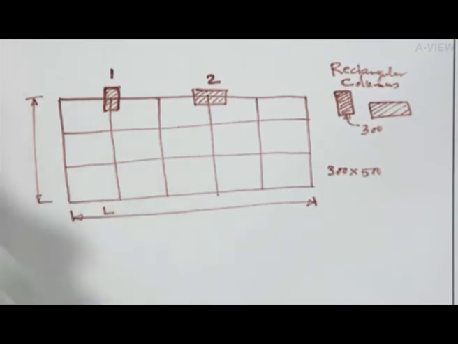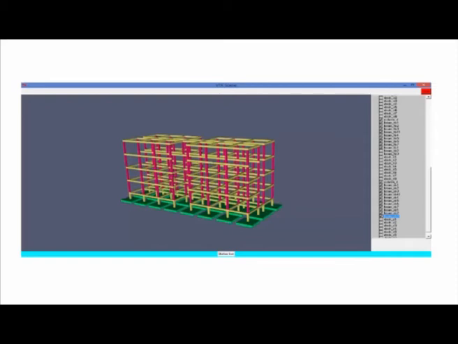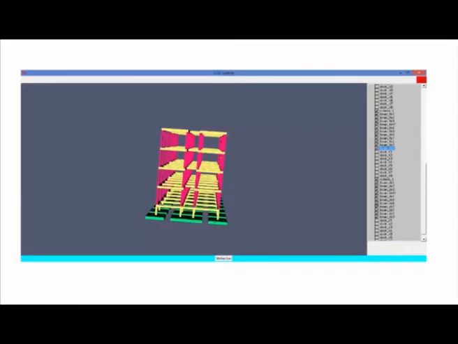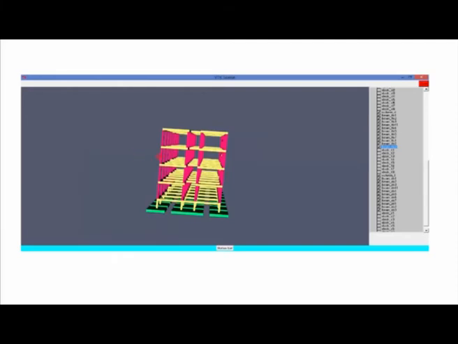Now let us come back to our other problem. Now the question is, how far is it correct that we shall use only one frame? That means, how far is it correct that we shall use this side of the frame only, one frame, or shall we go for 3-dimensional? Shall we consider the slab in our analysis?